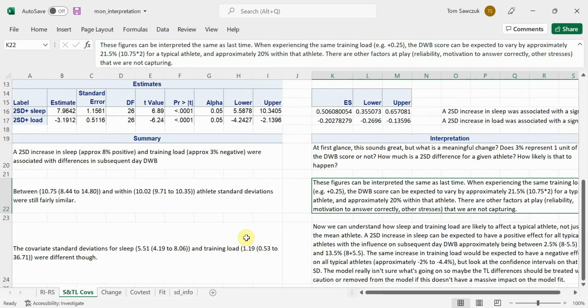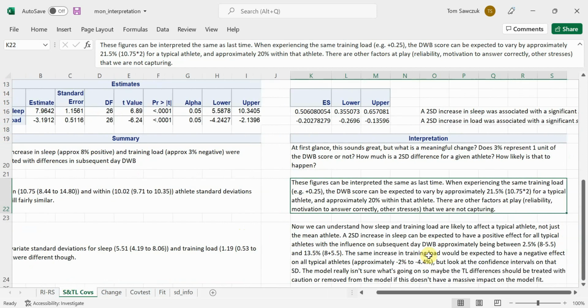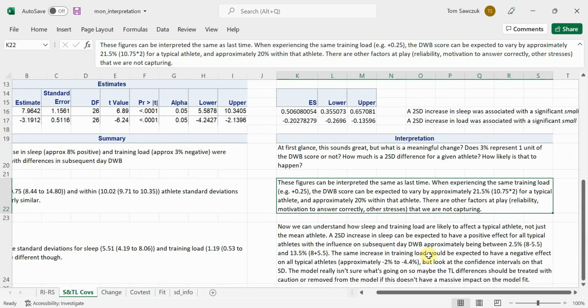And then we can look at the covariate standard deviations for sleep and training load, and we can use them to see any athletes which are responders or non-responders or high responders or low responders to sleep and training load.